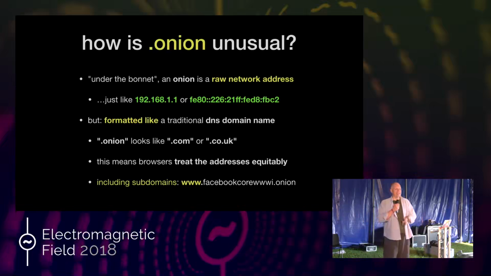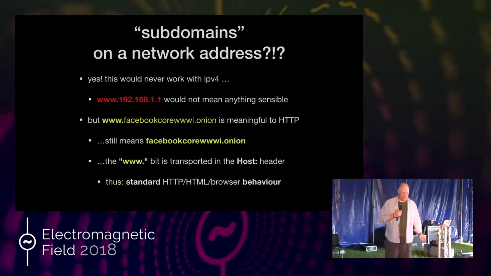It also means, because of this quirk, you can use subdomains. This wouldn't make sense for IPv4. Like, you could not have www.192.168.1.1. That would not mean anything sensible to any web browser. Again, because of a goof that Tim Berners-Lee didn't think about.